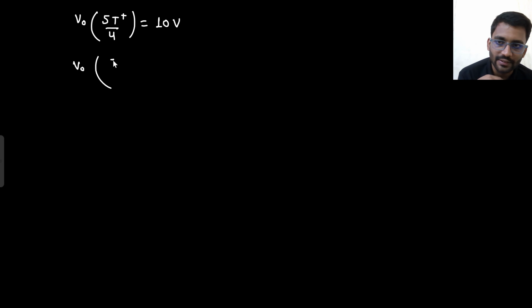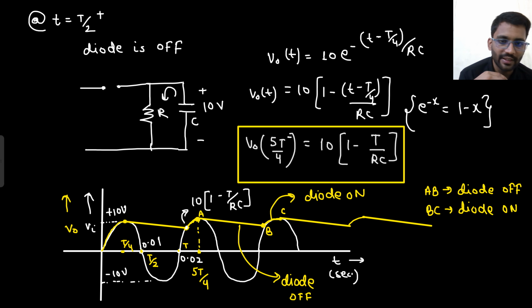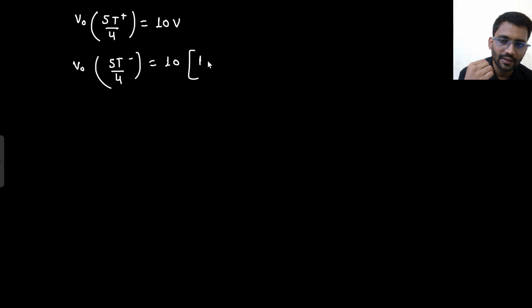So almost instantaneously it is changing. Did you understand this point? So V naught value at 5t/4 plus is 10 volt. And what was your V naught value at 5t/4 minus? It was 10 into 1 minus t by RC.